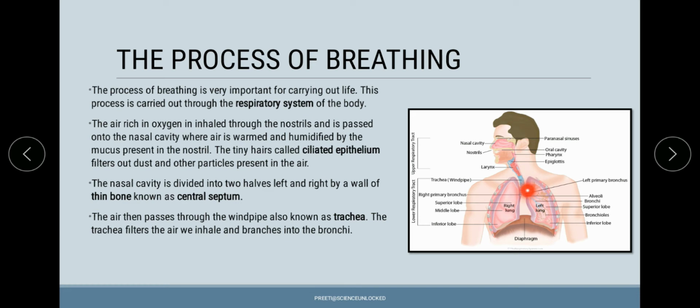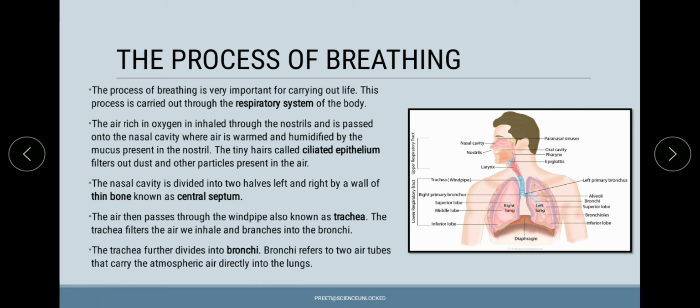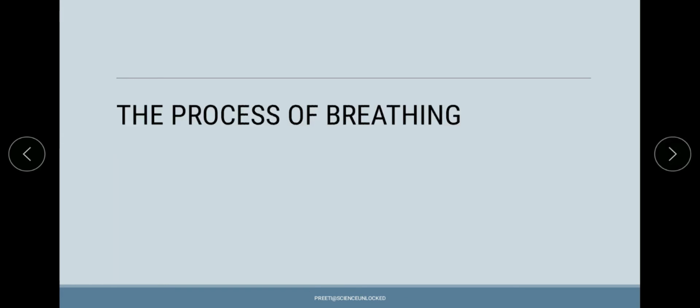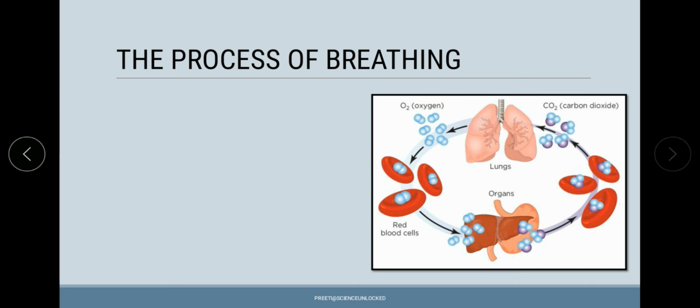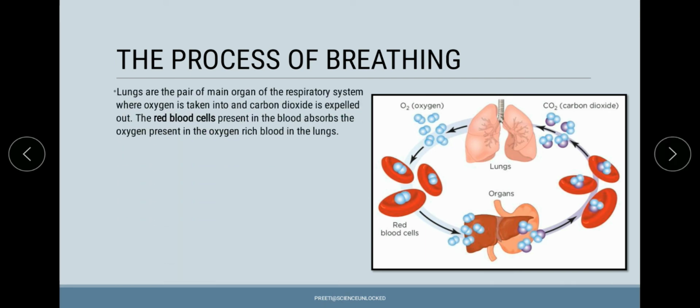It then splits into two sections, the bronchi or bronchioles, which go further inside the lungs of the human body, where there is a specific structure called the exchange site for oxygen and carbon dioxide, that is the alveoli. So the structures inside the lungs are considered the exchange site.